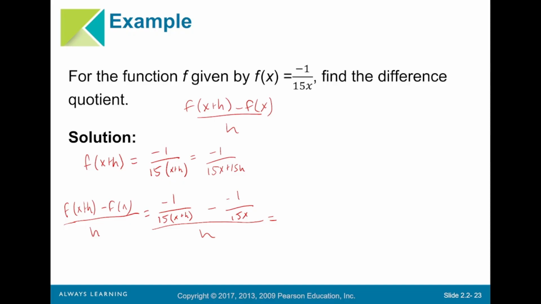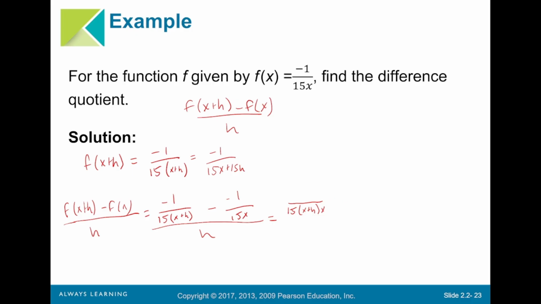Let's leave it there. It'll actually be easier to see our common denominator. So our common denominator is a product between 15 times x plus h and 15x. I don't need 15 in there twice, but I certainly do need an x plus h term and an x term. So my common denominator here is actually going to be 15 times x plus h times x.